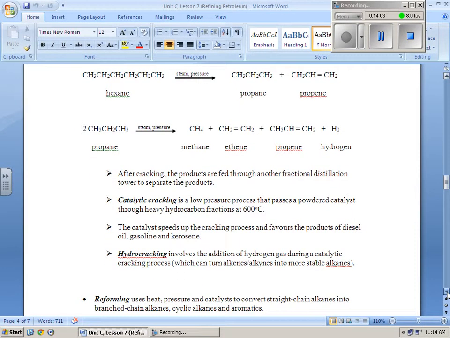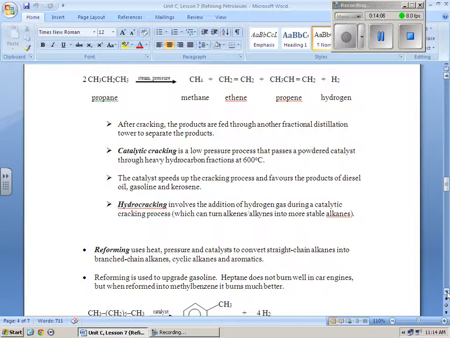Once again, it's not enough just to crack it. After you break it apart, you usually have to refine it further. Catalytic cracking is a low pressure process, and it passes a powdered catalyst through heavy hydrocarbon fractions at fairly high temperature, 600 degrees Celsius.